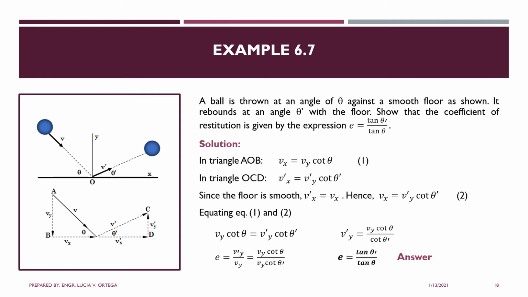Solution: in triangle AOB, B sub x is B sub y cotangent of theta. And in triangle OCD, B sub prime x is equal to B sub prime y cotangent of theta prime. Since the floor is smooth, B sub prime x is equal to B sub x. Hence, B sub x is B sub prime y cotangent of theta prime.